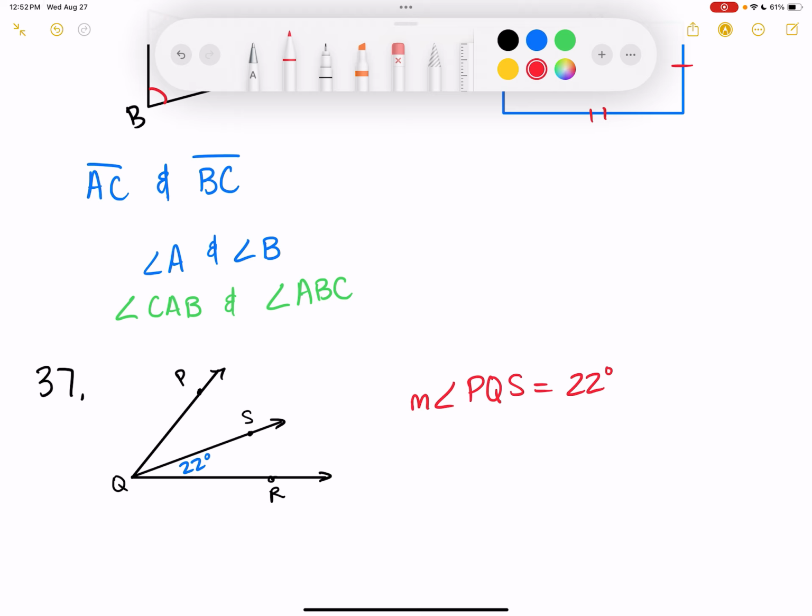So we have this one, we now have this one. I need the whole angle PQR. So the measure of PQR would be 22 plus 22, which is 44 degrees. So that would be the other missing piece.